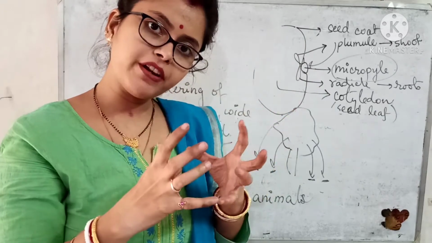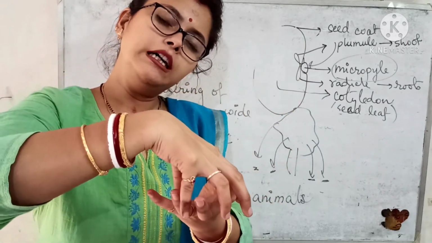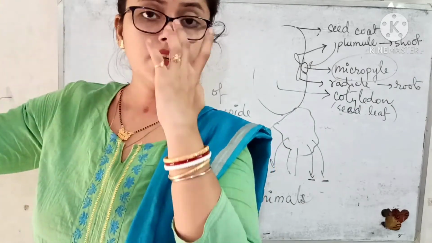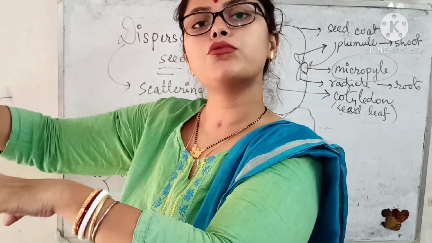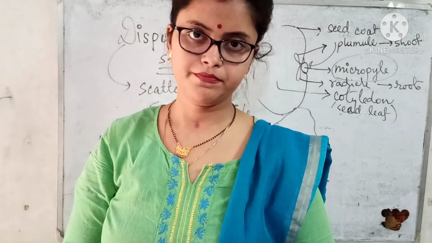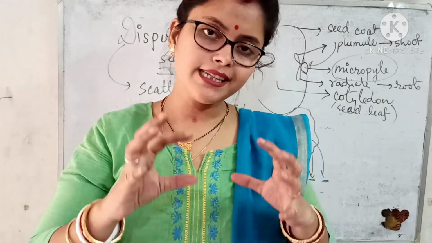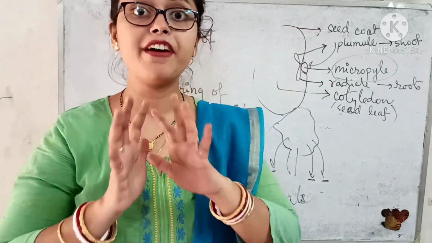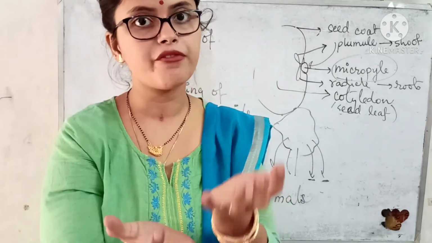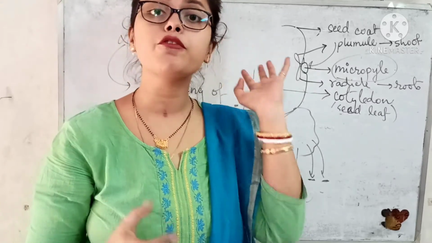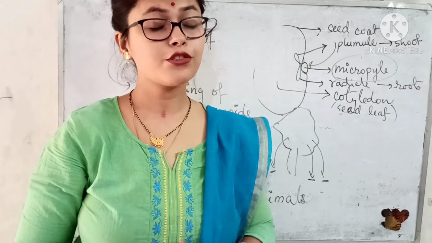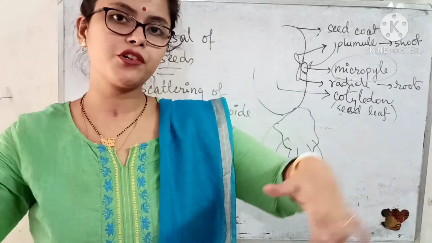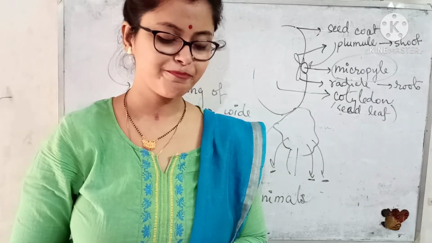That fibrous covering helps them to float on water, and it gets washed away and dispersed to some distant places. Understood? So what is the adaptation that we see in the seeds that are dispersed by water? They have a fibrous covering, that which we see in the seeds of coconut palm, because those are the plants that grow along the coastline or along the borders of water bodies, right?